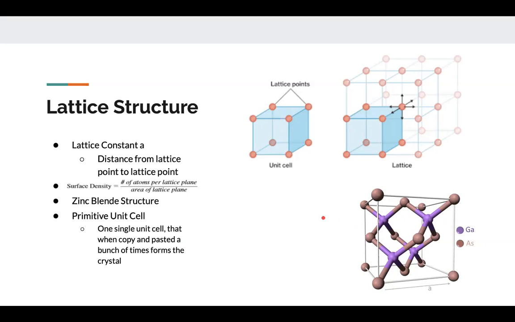If you put another unit cell nearby, those face points can create another cube that's essentially independent of your other unit cell. The zinc blende structure is the purple one, but it's essentially a diagonal cube, if that makes any sense. There would be two different shapes going around, but still only one unit cell.